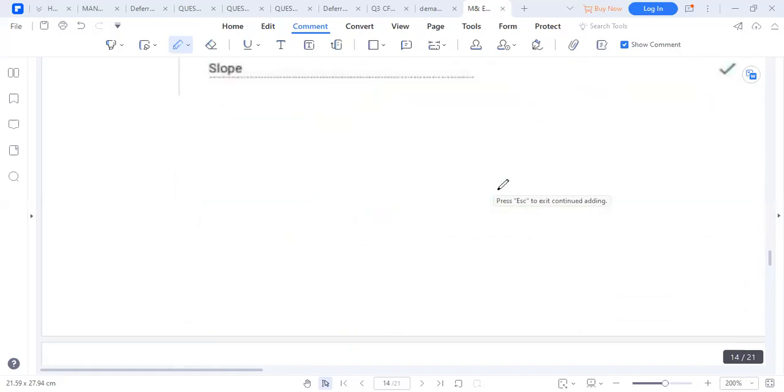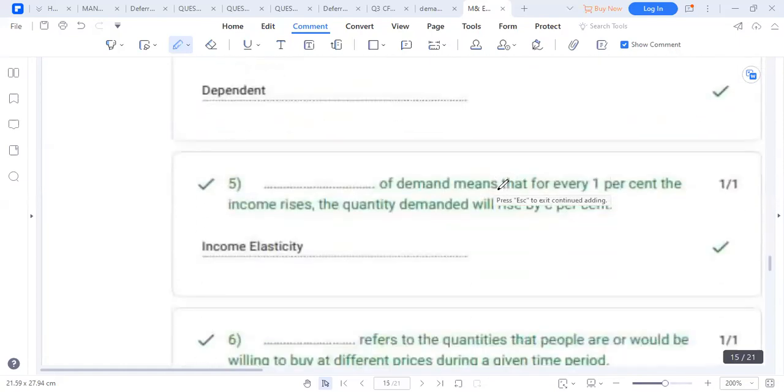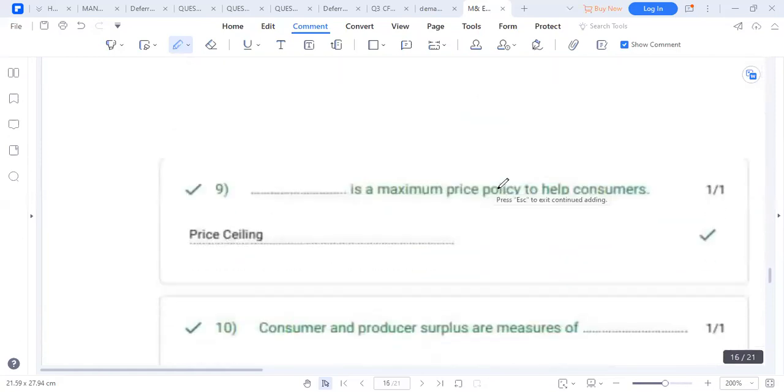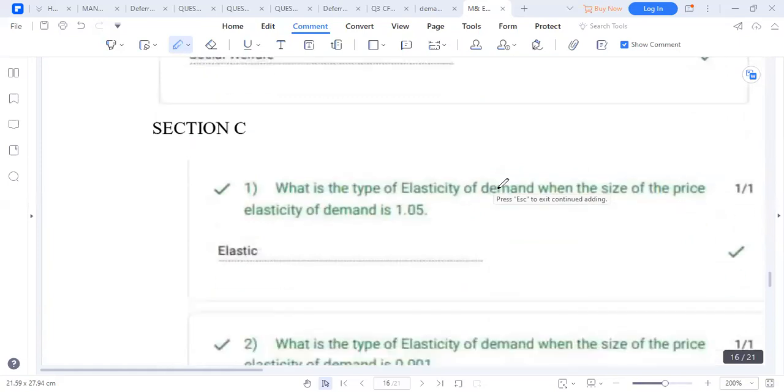What other question regarding elasticity of demand before we go to the other elasticities? What type of elasticity of demand is it when the size of the price elasticity is 1.05?